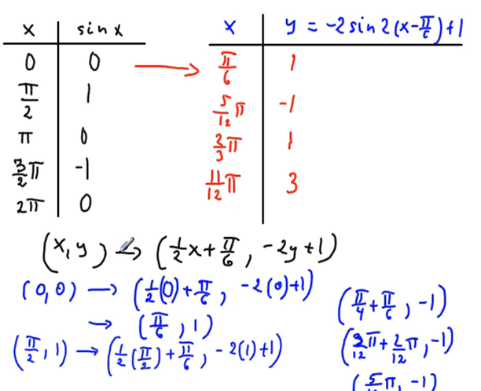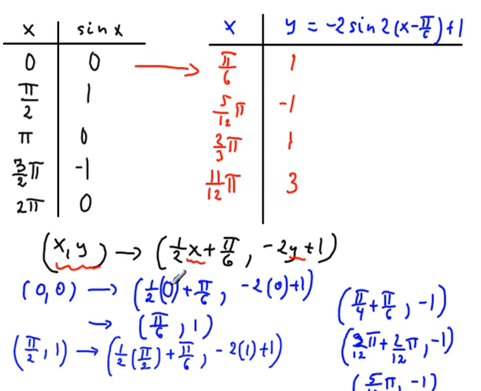So now we have the key points of the original graph, (0, 0), and the transformation into (pi over 6, 1). How so? You simply use this mapping formula, and then you would say if x is 0, y is 0, what is the new coordinate when x is 0, and what is the new coordinate of y when y is 0.